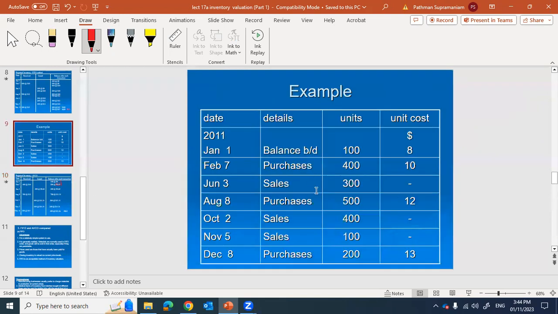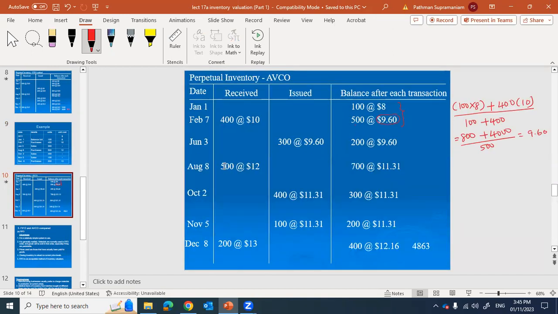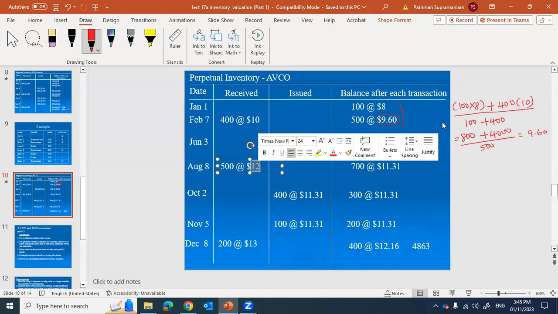Okay, then the next transaction is purchasing 500 units at $12 per unit. So now this is a new purchase and the cost per unit here is different from 9.60. It's 9.60 here, it's 12 here. So I need to recalculate the same way.